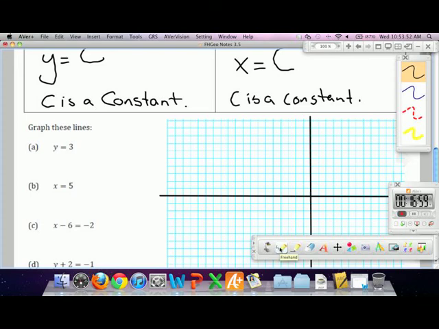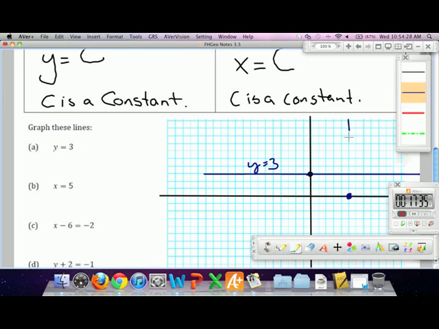And x equals 5 is a vertical line through 5: 1, 2, 3, 4, 5. That would be the line x equals 5.